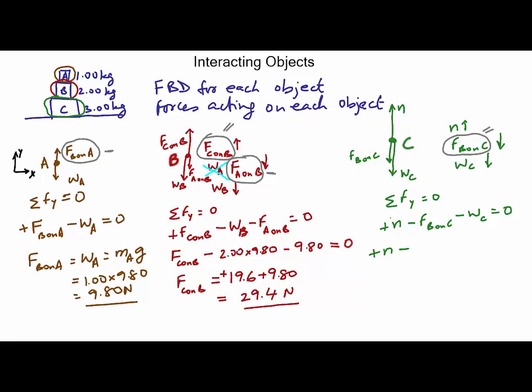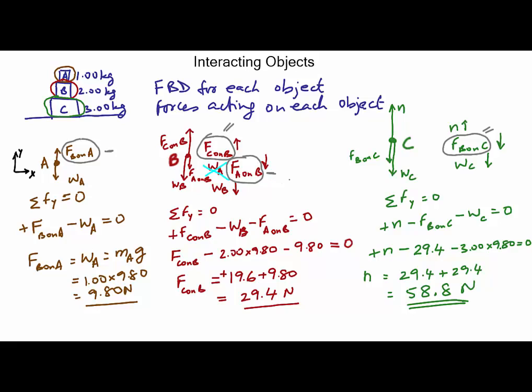I do know FB on C, that was the same as C on B. And since direction is taken care of by the sign, I just need the value, 29.4, minus the weight of C, which is 3.00 times 9.80. And the sum of all of that equals 0 again. And this simplifies to the normal force being 29.4 plus 29.4, which gives me 58.8 Newton.